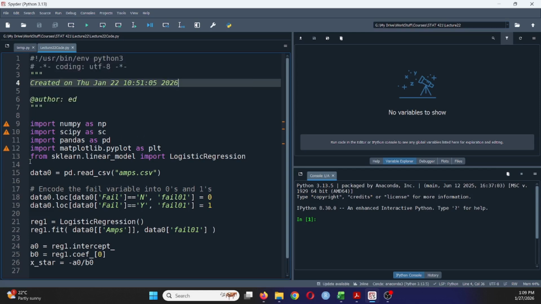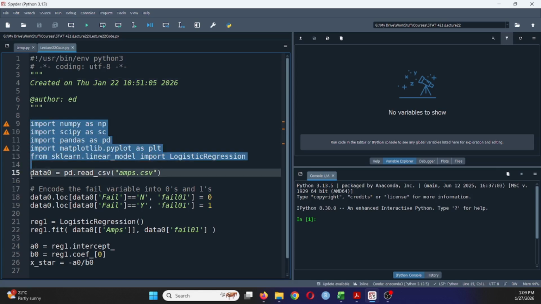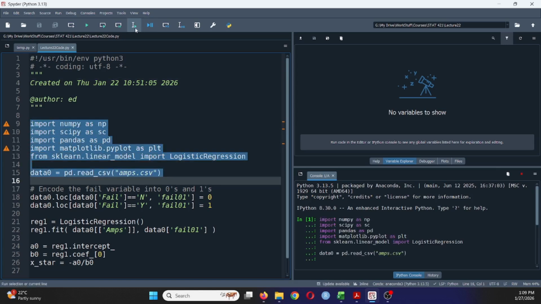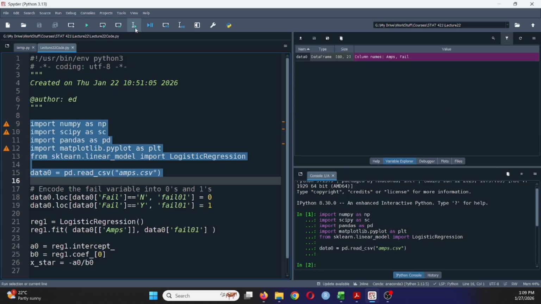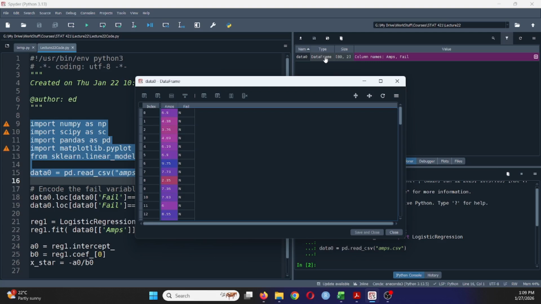I'm importing a whole bunch of stuff. I'm actually not using that much. I'm just really using pandas and sklearn for logistic regression, but I'm leaving them here just in case you wanted to do more with it. So just run it. Let's import the data, and I'll explain the data here in a second. Boom, got the data.